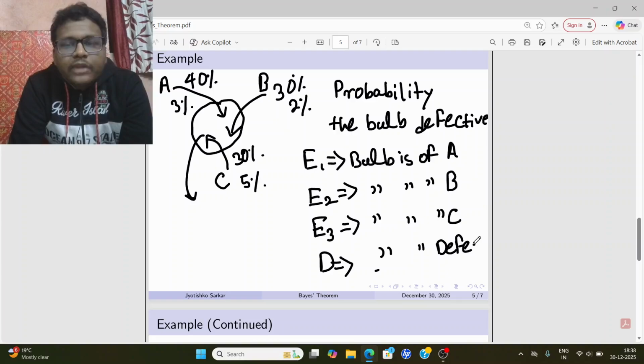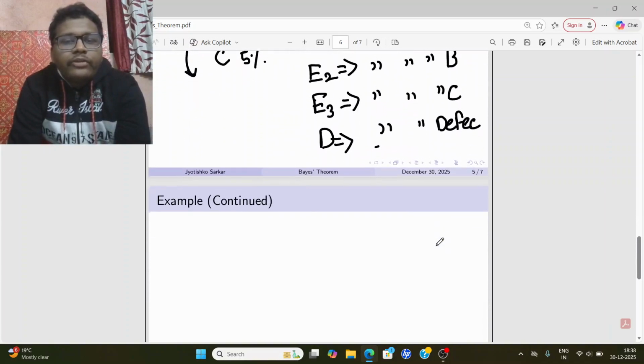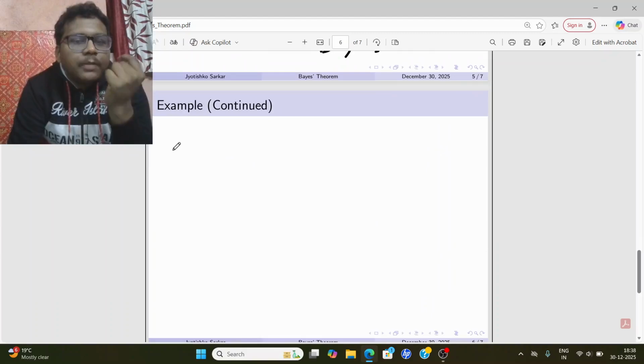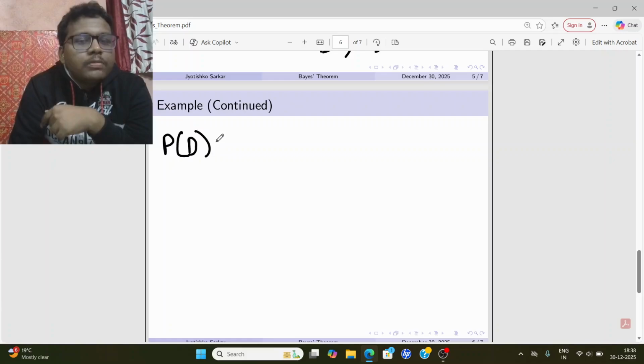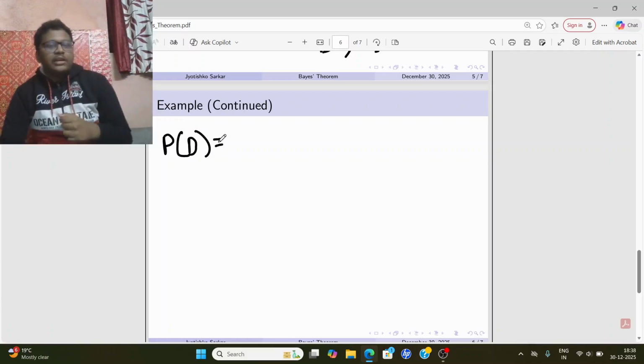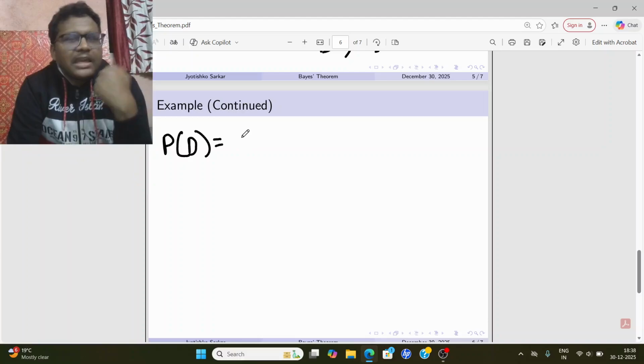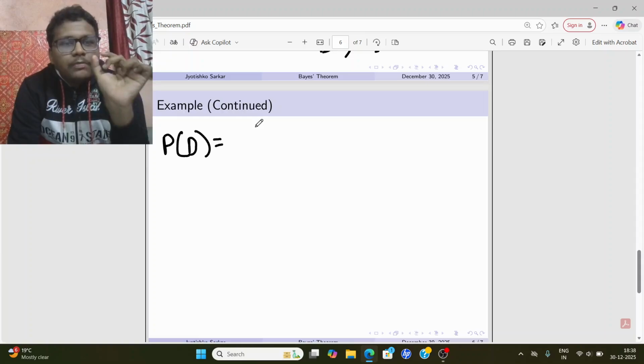Now, if I have to calculate the probability of D, it means that the picked bulb is defective. So what will be the answer? Using the total probability concept, we can easily solve that. What are the cases? The first case, that I can pick the bulb which is manufactured in factory A and it is defective.